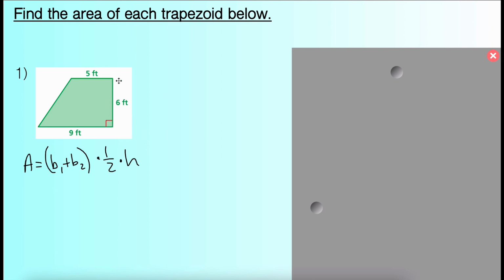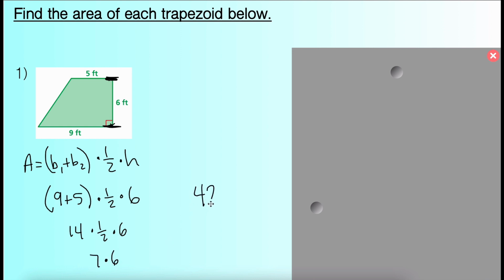In this trapezoid, the height is this side actually, because it's running straight distance from the bottom to the top, from base 1 to base 2. So our height is 6, and our two bases are 9 and 5. So plug all that in and then just compute. 9 plus 5 is 14. 14 times 1/2 is 7, and 7 times 6 gives me a final area of 42 feet squared. So base 1 plus base 2 times 1/2 times the height.